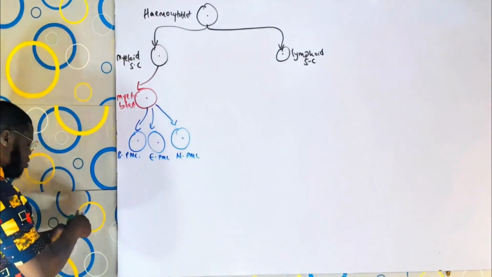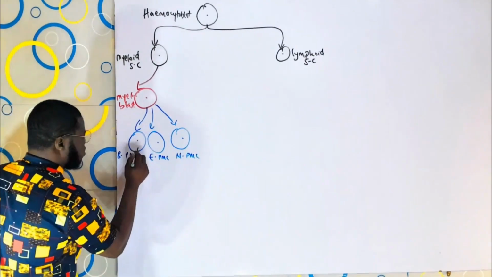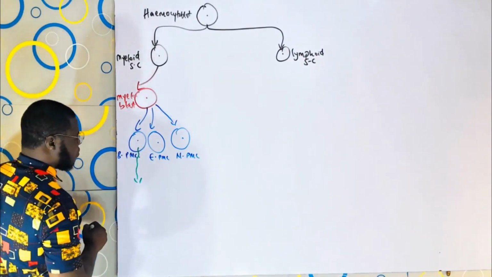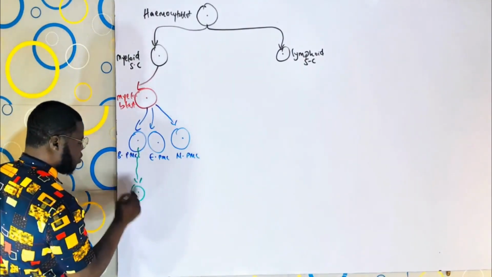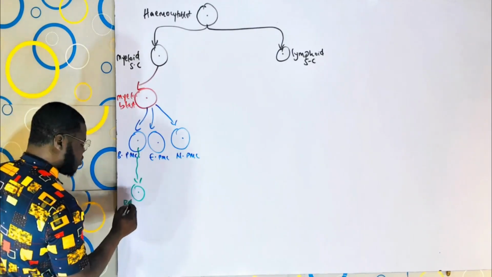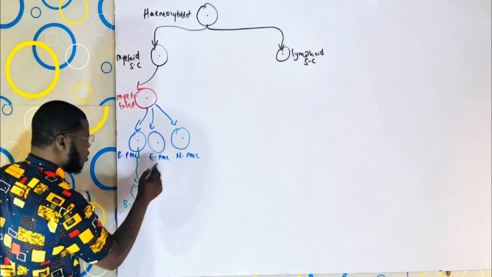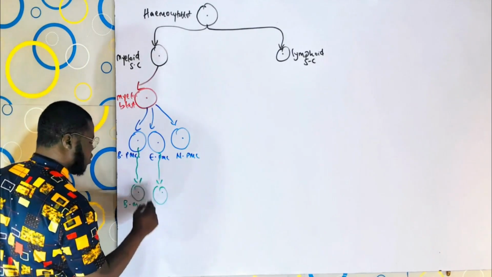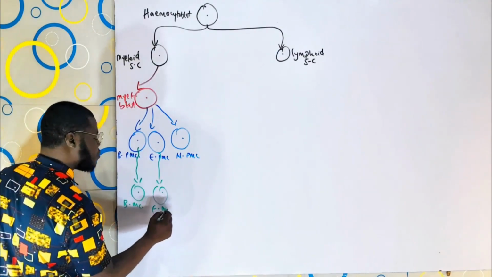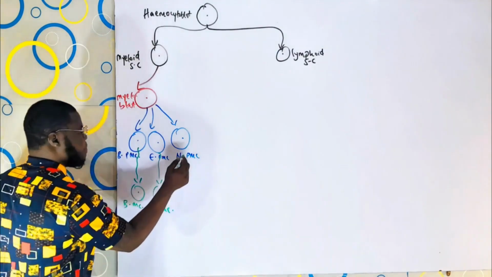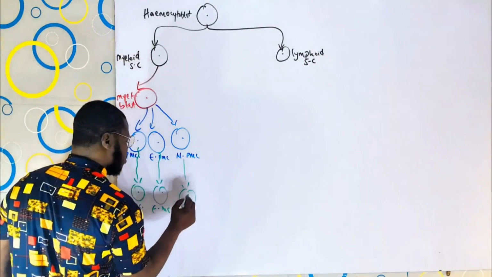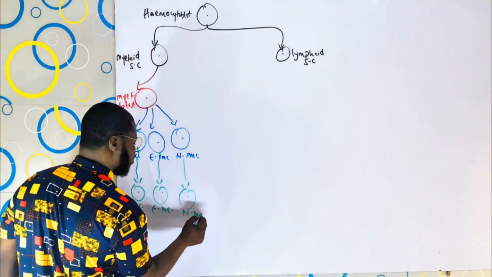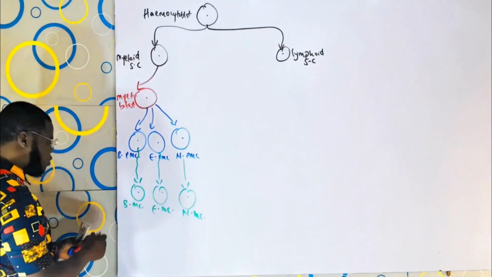And from there, it graduates to become a myelocyte proper. So you have basophilic myelocyte, eosinophilic myelocyte, and neutrophilic myelocyte.